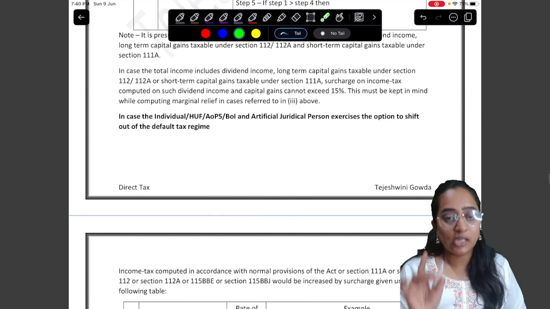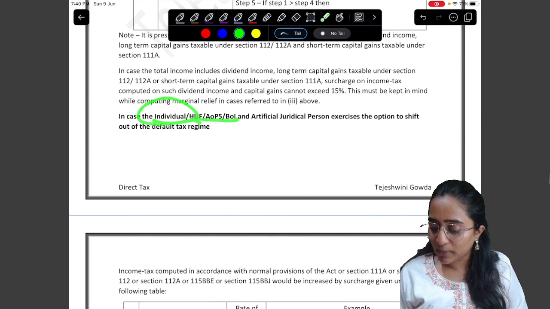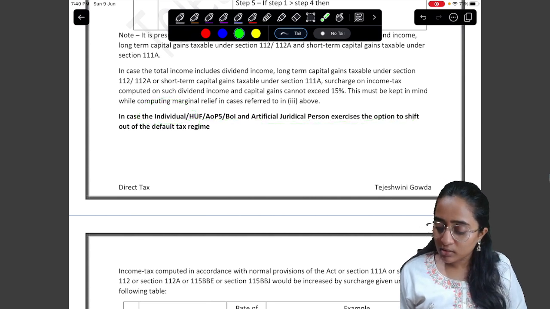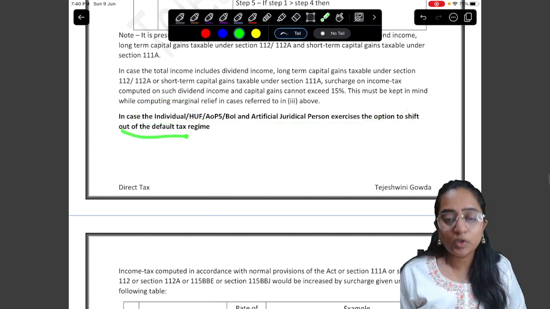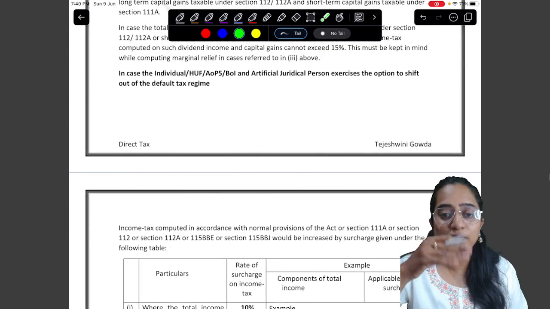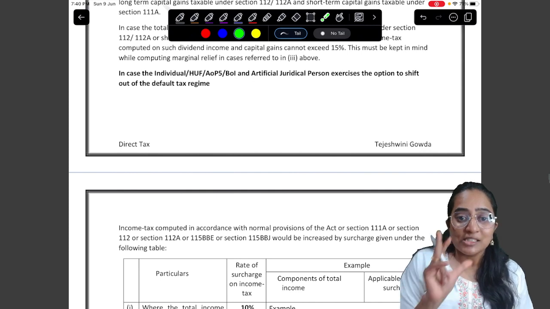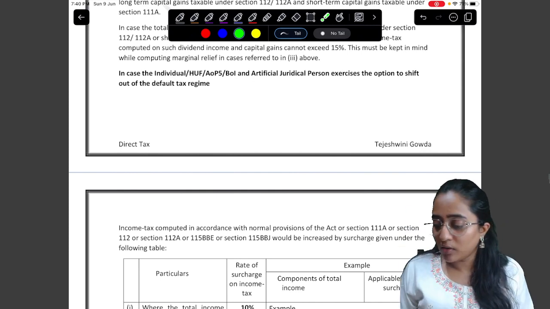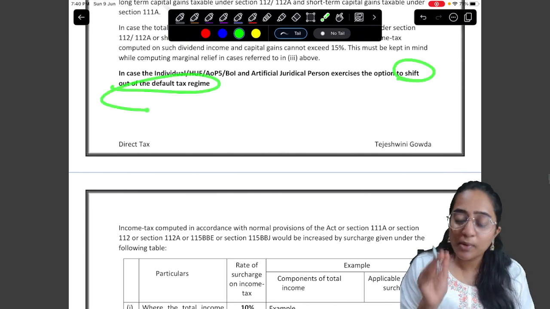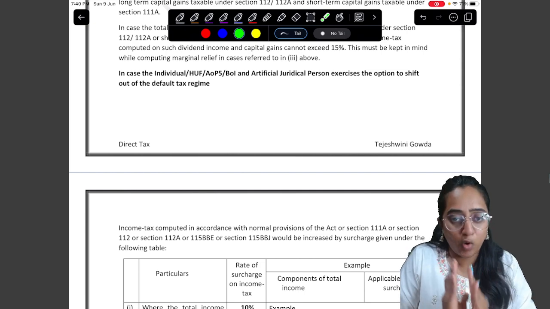In case of the surcharge applicability for individuals, HUF, AOP, BOI, wherein we are exercising the option to shift out of the default tax regime. Where they are intending to shift out of what? Shift out of the default tax regime. Shifting out of the default tax regime means, my dear people, always remember, you're opting for normal provisions.